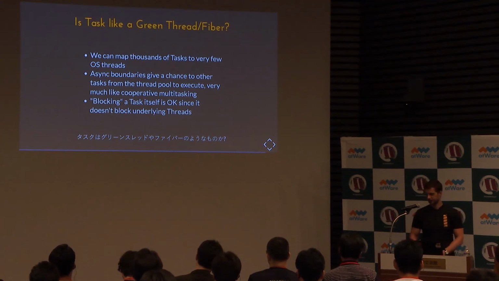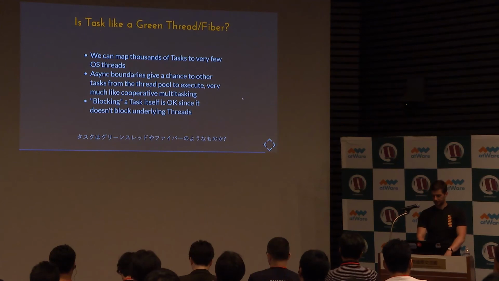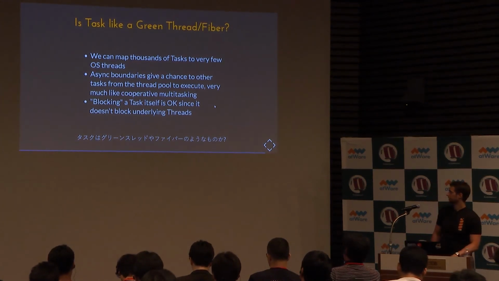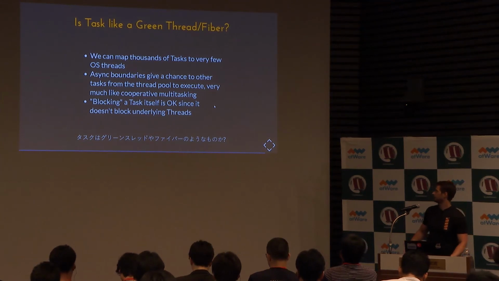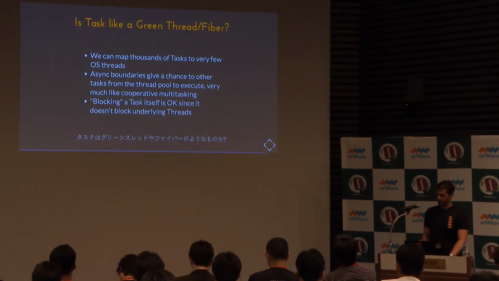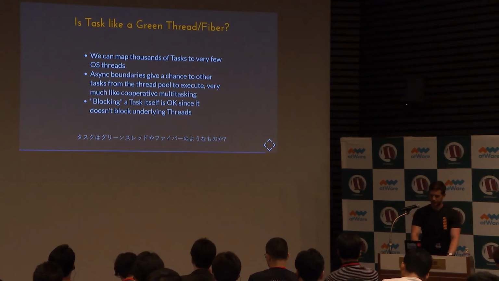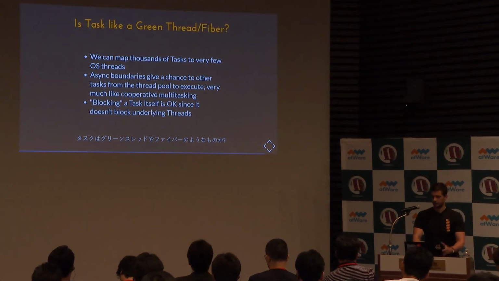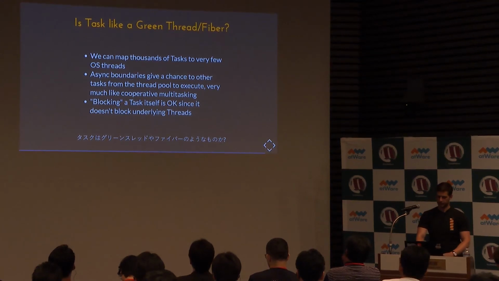Blocking a task also wasn't blocking underlying threads, so was relatively okay. So there are a lot of similarities, and we often think about our IO monads like this. And in case of something like Haskell that uses this model, we can learn also from their books and experiences.